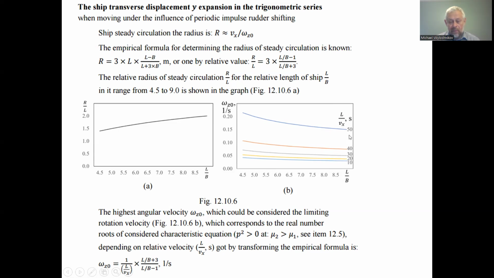For 10 seconds, for 20, for 50 seconds, etc. The slower the ship, the lesser the denominator, so the bigger is the maximal, highest angular velocity of the ship rotation in the steady circulation.